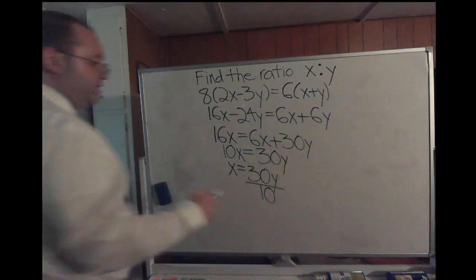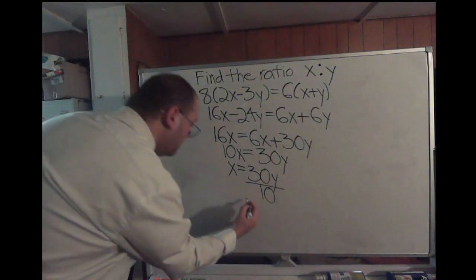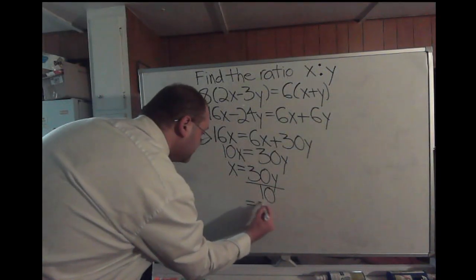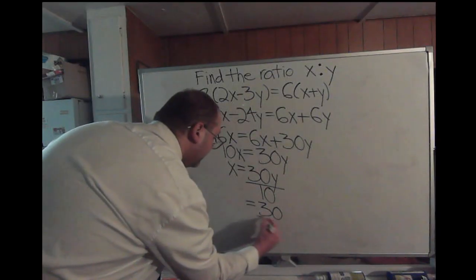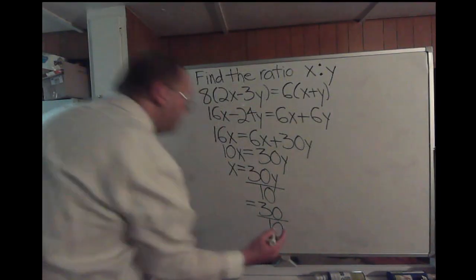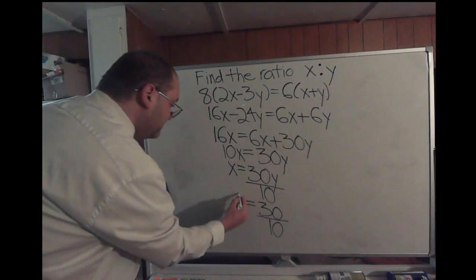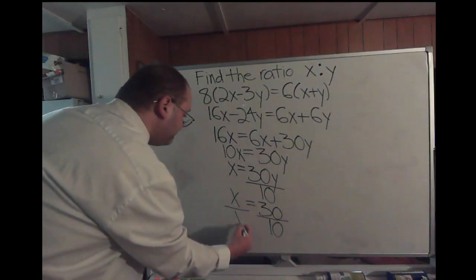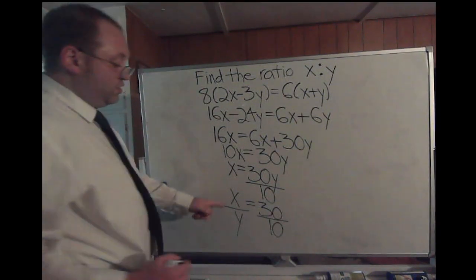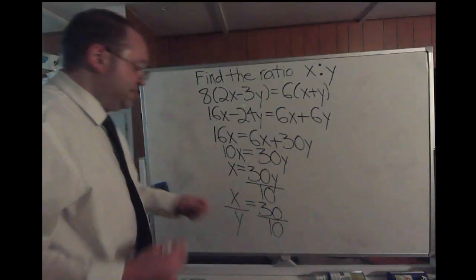If you divide 30y over 10 by y, what you'll simply end up getting is 30 over 10. But what you do to one side, you got to do to the other. You got to divide that x by y. Now you'll end up having x over y is equal to 30 over 10.